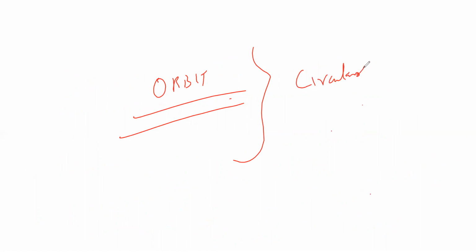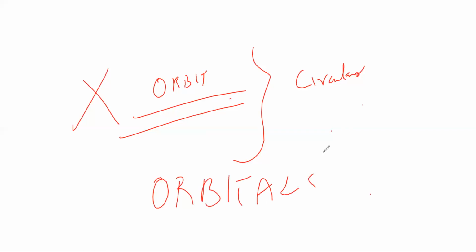But once you come to class 11, we are saying this is wrong. We are dealing with orbitals. Orbitals have various shapes. It may be spherically symmetric. It may be dumbbell shaped. This is correct for us. So similarly, once you go to higher classes, we will know there are a lot of wrong things and a lot of right things.